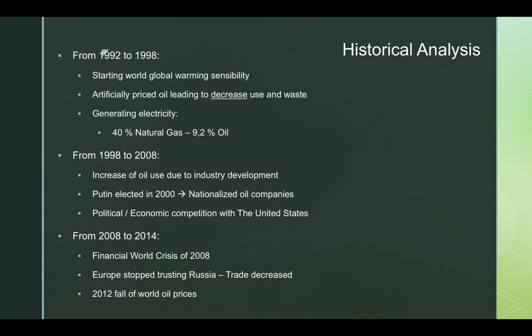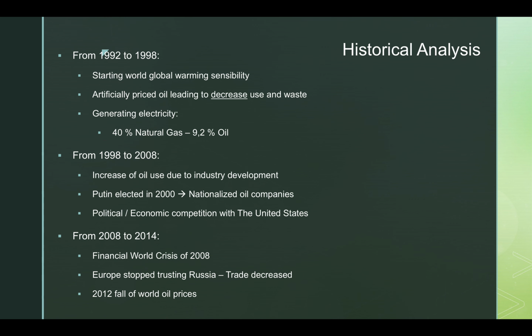From 2008 to 2014, we can see in the small gap between 2008 and 2009 that the kilogram of oil used quickly decreased. This is due to the world financial crisis caused by the subprime crisis of 2008.